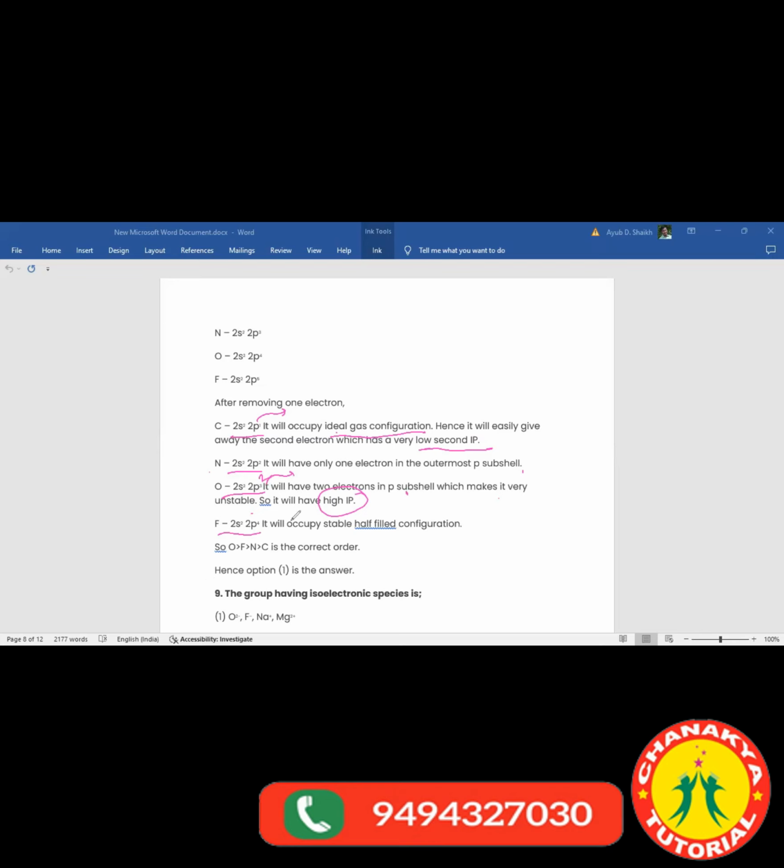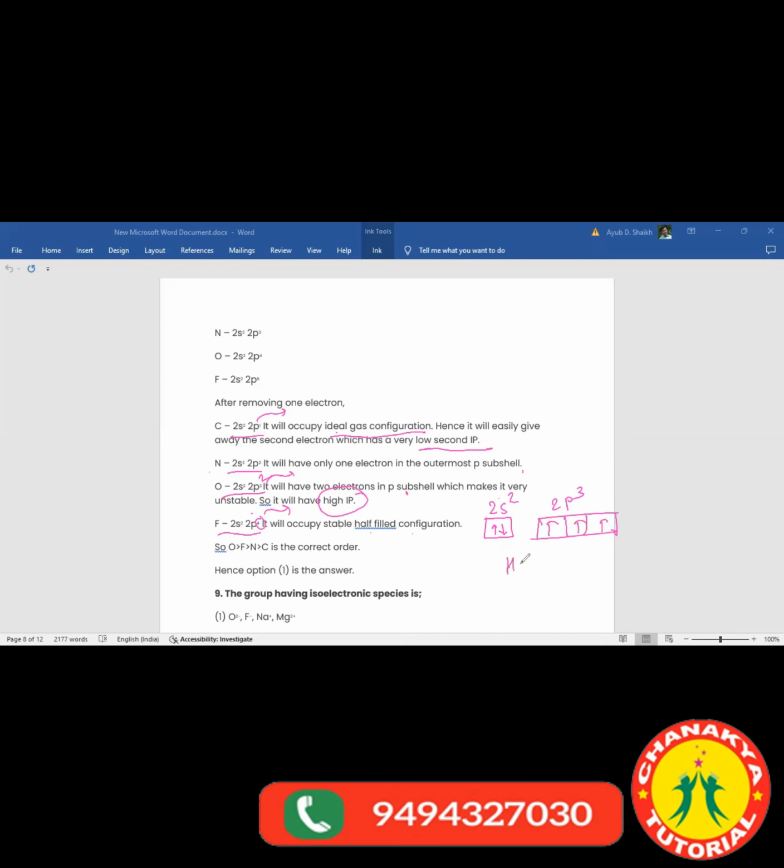Here we occupy the stable half-filled configuration. This is 2s2, and 2p3 would be here. Among these four, the two s electrons are completely filled and the p becomes half filled: 1, 2, 3, one electron in each.